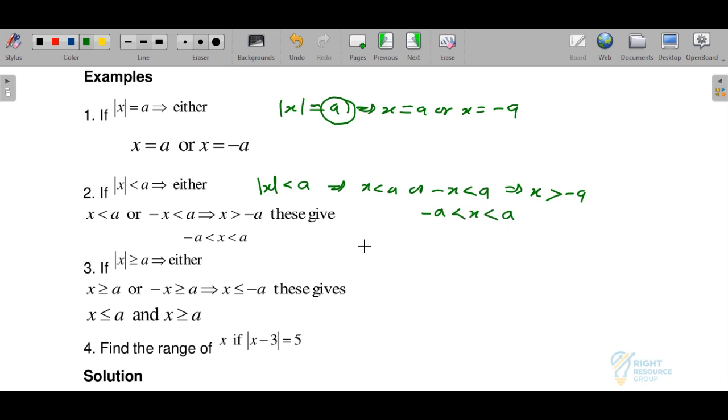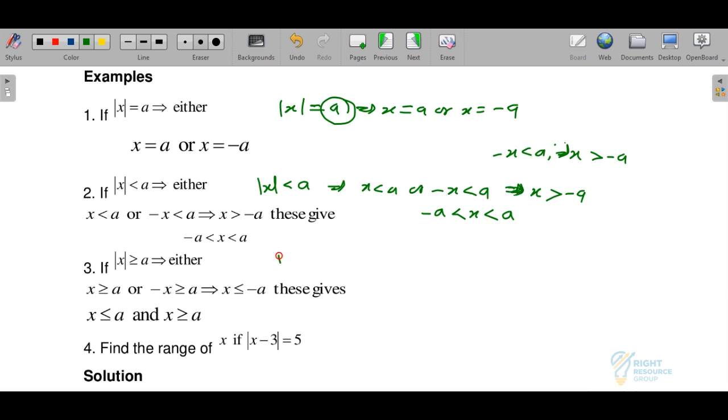So x is between minus a and a. This is from your basic knowledge of inequalities, right? If you have minus x less than a, this is the same thing as saying x is greater than minus a. This is what it means. So that's what we have here.